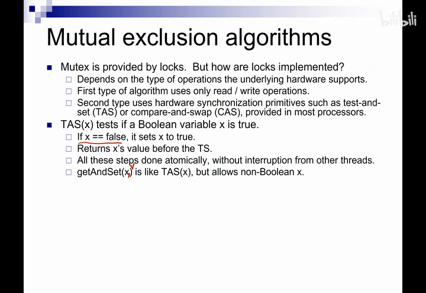What get and set does is get the current value of x and then set it to a new value v. For example, if x is currently 0 and v is 5, then if you do get and set of x and 5, we get back the response 0, the current value, and x also becomes 5. And both these happen atomically.